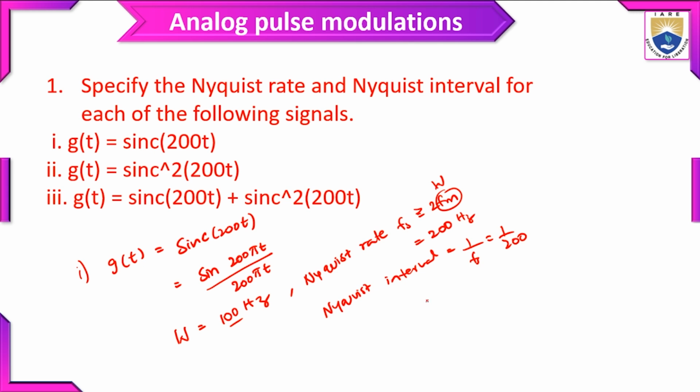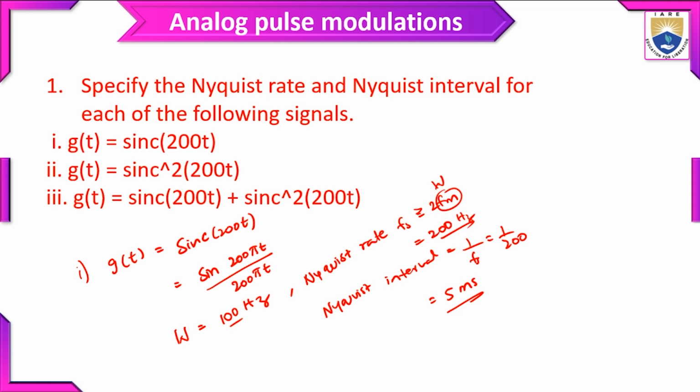So 1 by 200 is simply 5 milliseconds. This is the solution for the first part. Why? Because this problem contains 3 parts. The first part is g of t equal to sinc of 200 t, and we find the Nyquist rate and Nyquist interval.